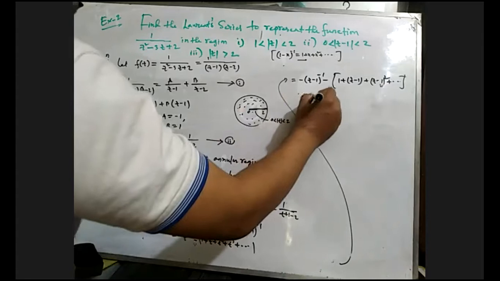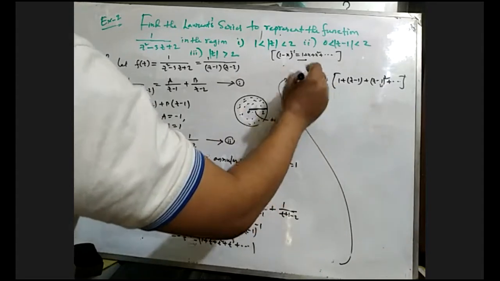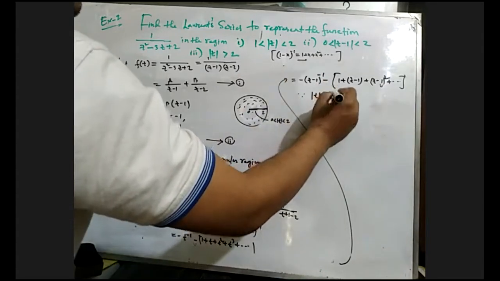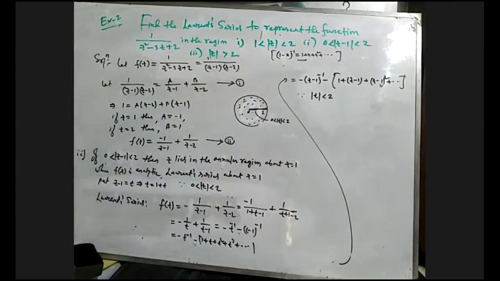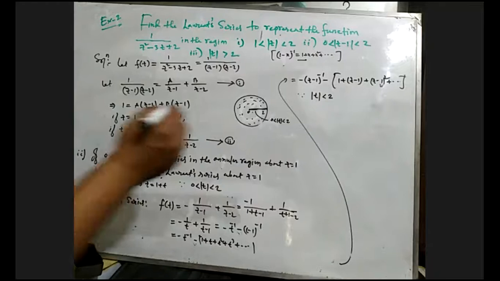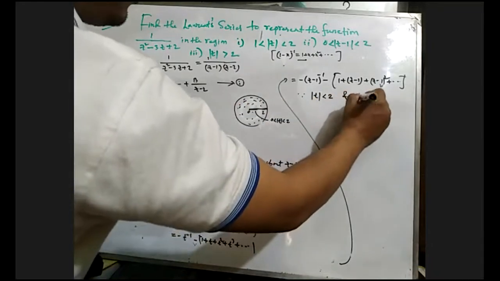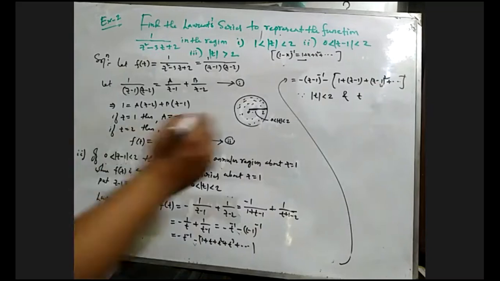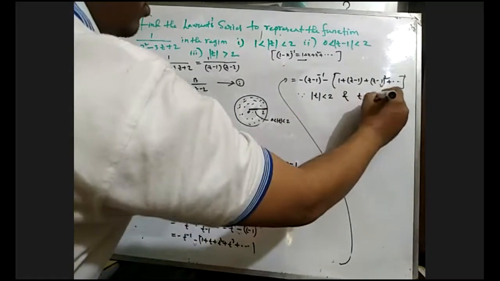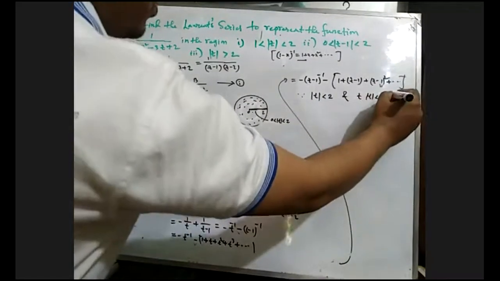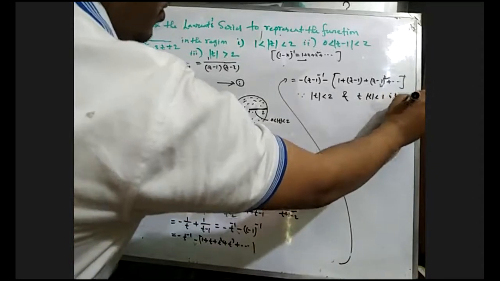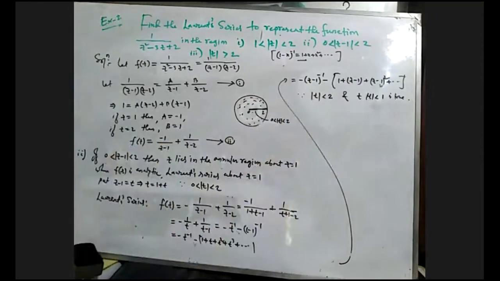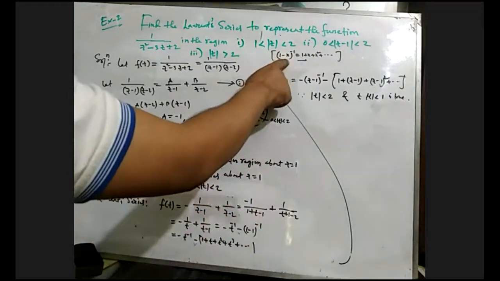Since the modulus of t is less than 2, in this series the absolute value of t less than 1 is true, because we have taken (t minus 1) to the power minus 1.